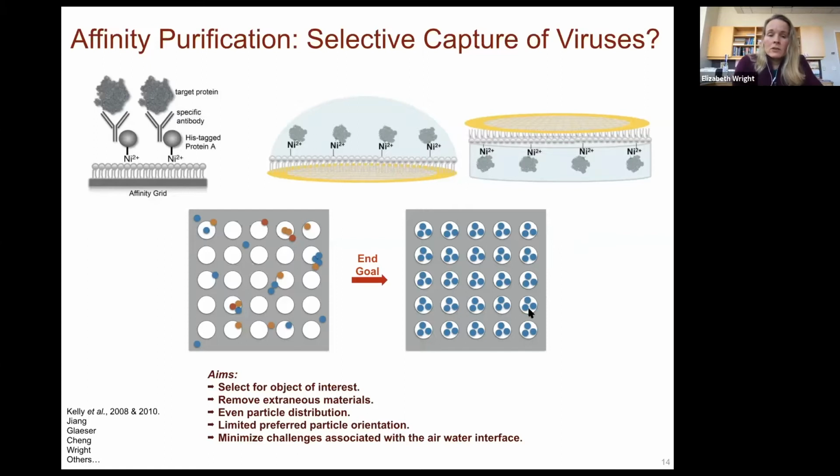In some cases, if you're looking at smaller complexes, this can limit preferred particle orientation. This can depend on the linker complex that you're using. You can also, in some cases, minimize challenges associated with the air-water interface, because this can also lead to incorrect understanding of a structure that you're interested in studying.